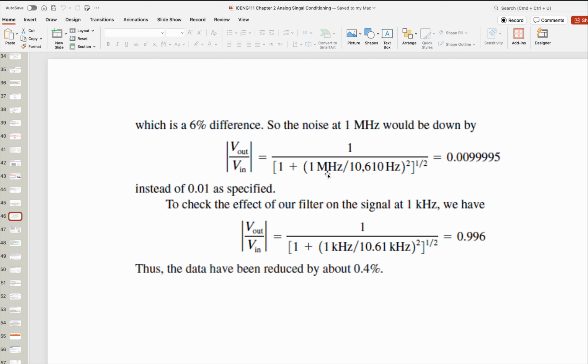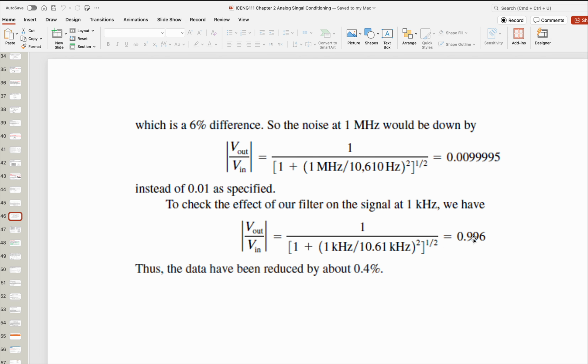After I find R and C, it's very clear that if I have the high frequency, this is the cutoff frequency I found. So if I have a high frequency, I'm going to have times 100, 0.0099, which is 0.01 percent. So imagine, it will be 1%. So I'm having 1% will pass of the 1 megahertz. Now, how much will pass if I have 1 kilohertz, which is the low frequency?